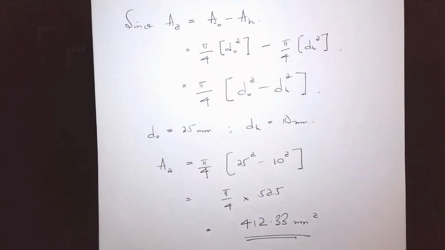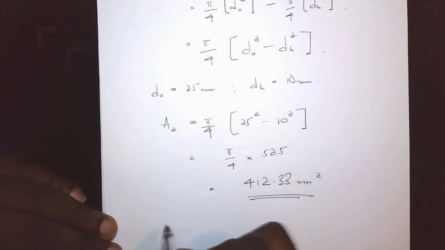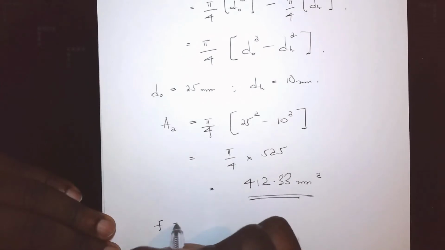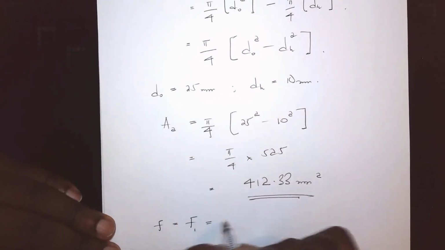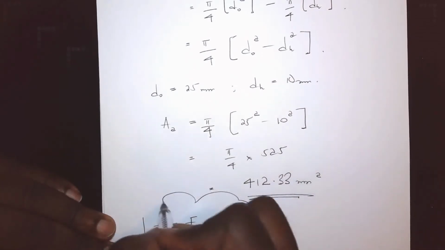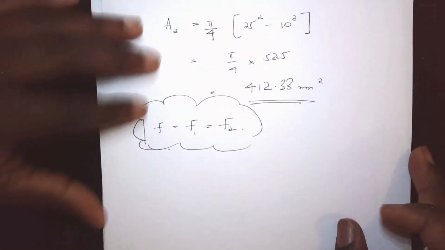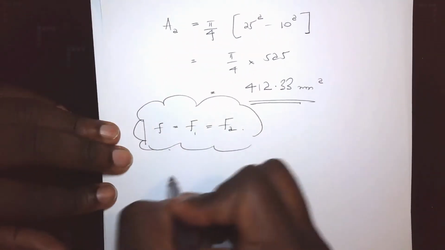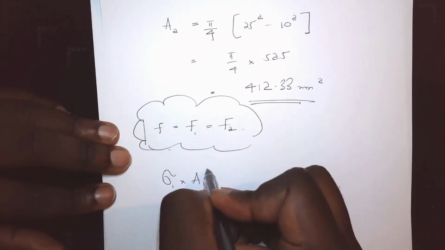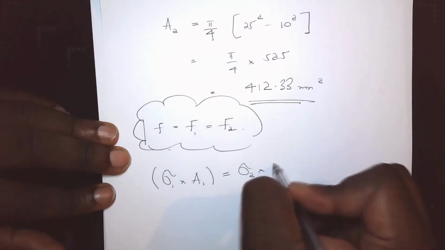So we've calculated A1 and A2. So from our equations for compatibility, since the force in section 1 is equal to the force in section 2, then sigma 1 times A1 should be equal to sigma 2 times A2.